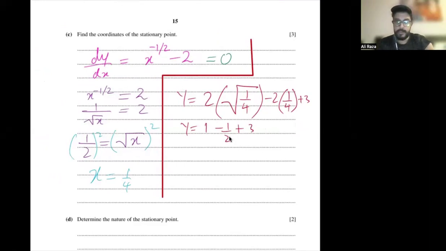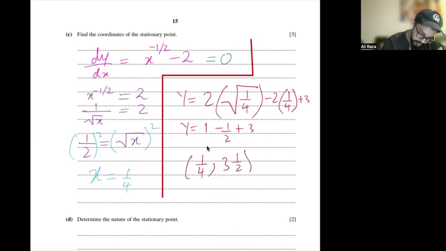This comes out to be 3.5. So the coordinates for the stationary point are 1 over 4 and 3 whole 1 over 2.